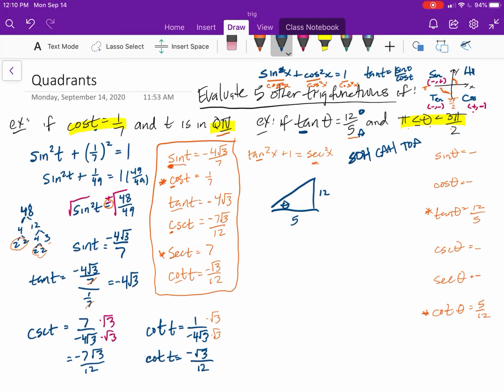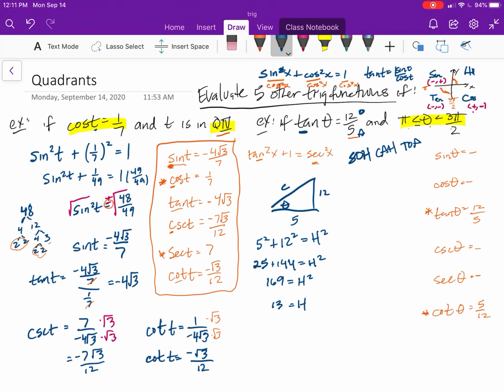But I could get the hypotenuse from Pythagorean theorem. So this is my C, or my H, right? Adjacent squared is 5 squared plus 12 squared, opposite squared, equals hypotenuse squared. We'll go ahead and do H. Okay, we don't need a C. So that's 25 plus 144 equals H squared, 169. I know this one because it comes up enough, but H has to be 13.